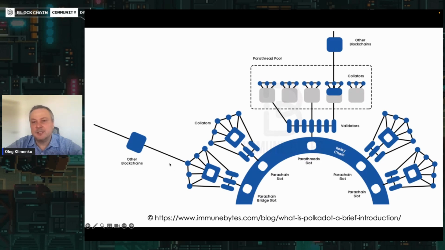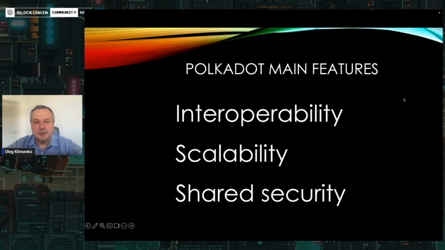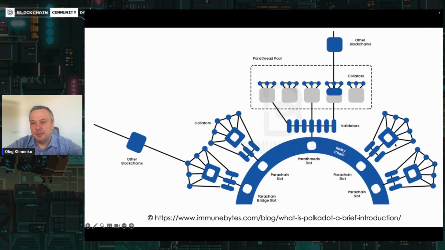So different kinds of things could happen in parallel with the main chain's work. That's the architecture, and it's important because all the consequences are derived from it. Polkadot has interoperability, so different blockchains could communicate with each other by means of, for example, events.